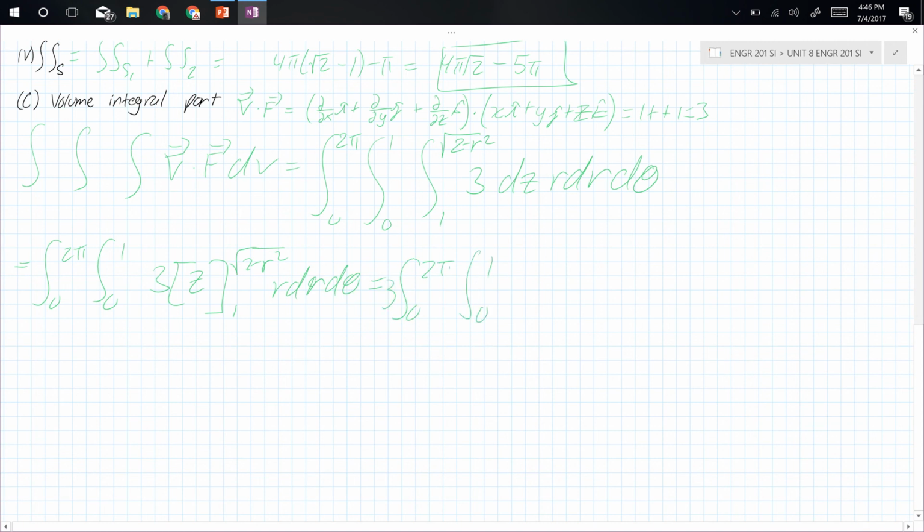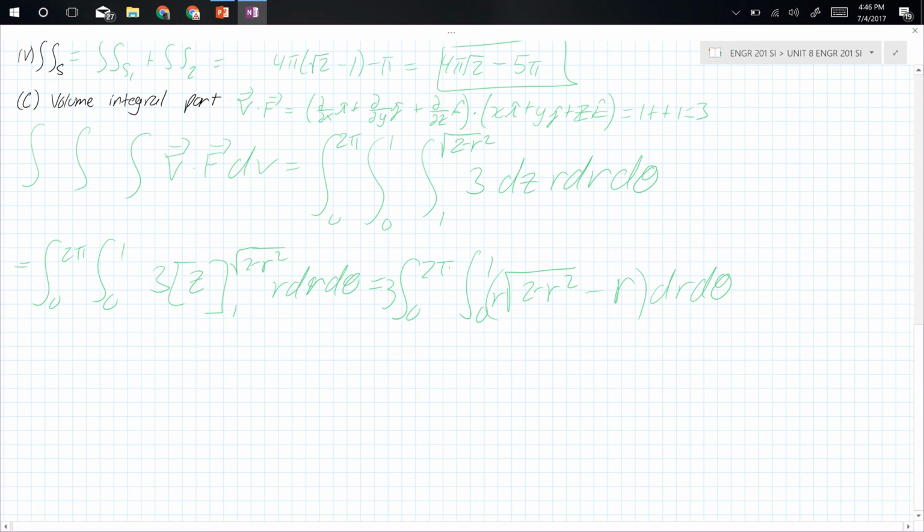I'm going to put this 3 to the outside because I don't have to deal with it. Then it becomes square root of 2 minus r squared minus 1. I'm going to have to multiply the r through. So it becomes r times square root of 2 minus r squared minus r, dr d theta.